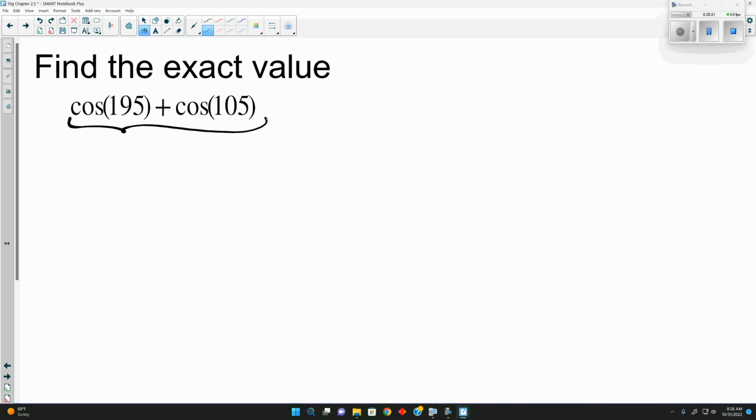doesn't seem right. That's what I thought. Cosine of A, cosine of B should be plus. So cosine of U, cosine of V should be plus.